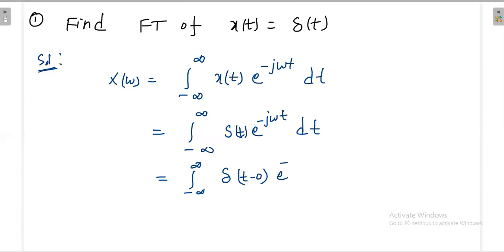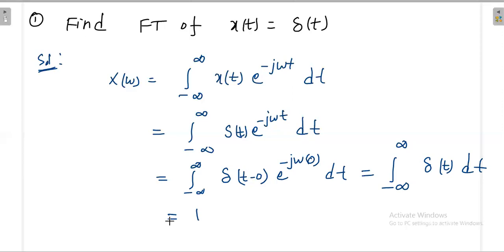Then the value of t is 0. That means this impulse will be active only at t equal to 0. So we substitute that value, 0, in the exponential. Then we get the integral from minus infinity to plus infinity of delta t dt, because e power 0 is 1. The area under the impulse is 1.